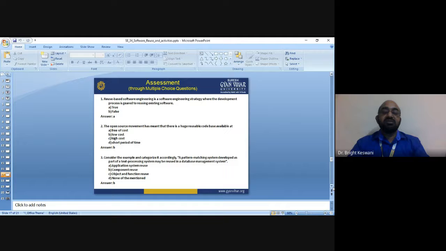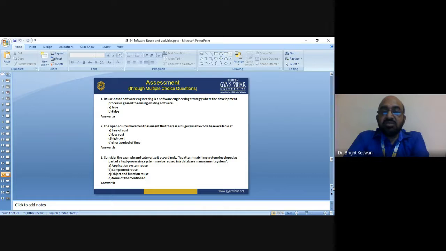Let us discuss some objective type questions. The first question: reuse based software engineering is a software engineering strategy where the development process is geared to reusing existing software. State this is true or false.